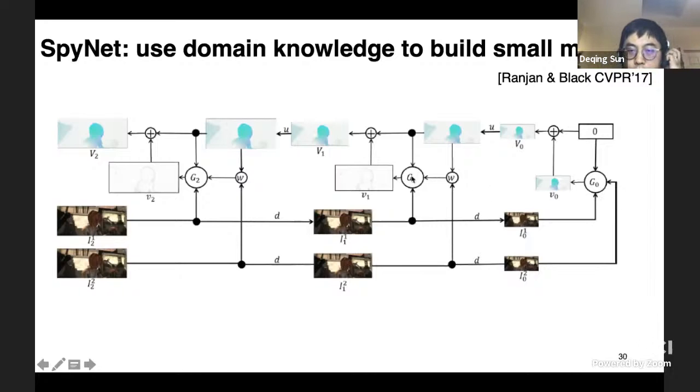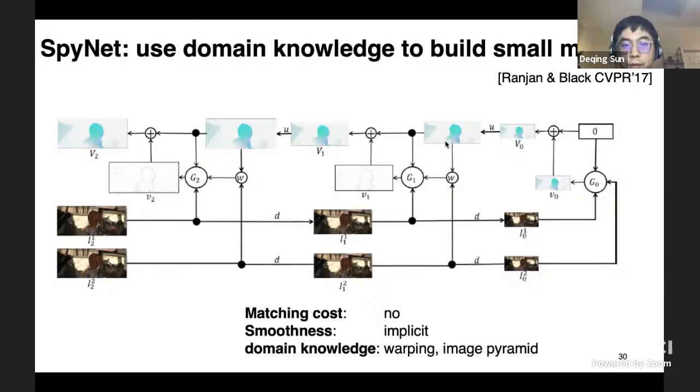Across different pyramid levels, it uses a residual estimation, so you estimate a residual motion to the initial estimate. This network is very lightweight, so it's much lighter than FlowNetS and FlowNetC, but with comparable performance.